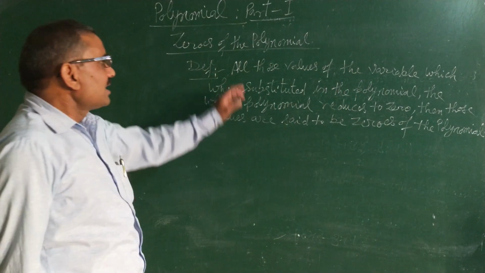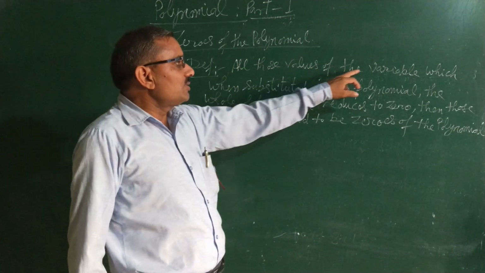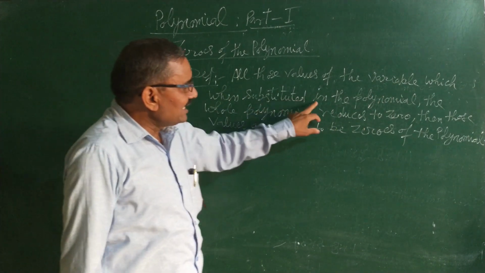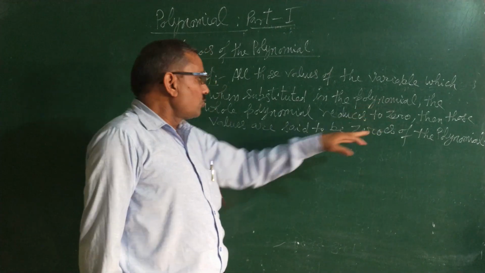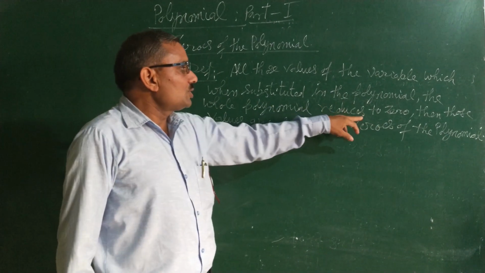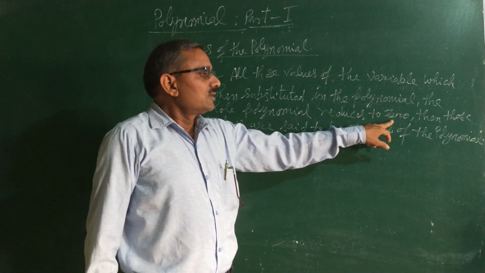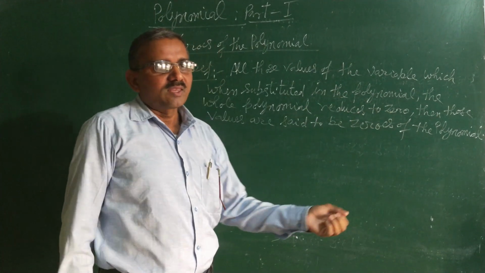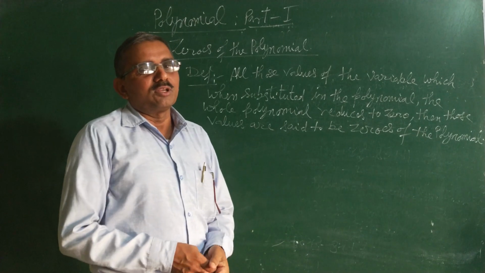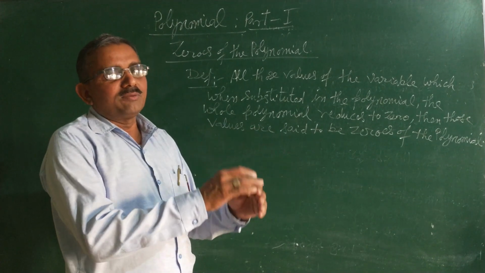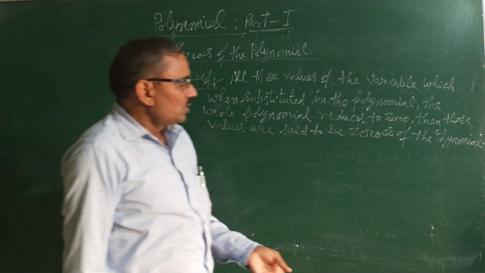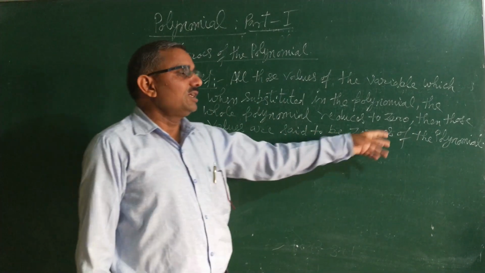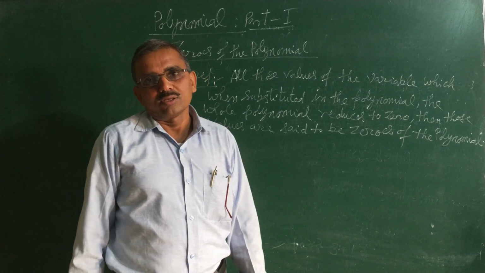I mean to say that all those values of the variable which when substituted in the polynomial, the whole polynomial reduces to 0. Means there is a value of variable which we put in the polynomial, then the value of that polynomial becomes equal to 0. Then those values are said to be zeros of the polynomial.